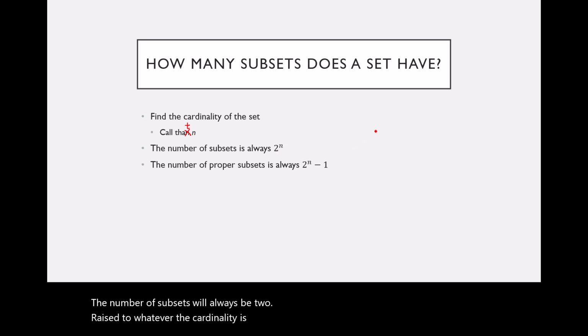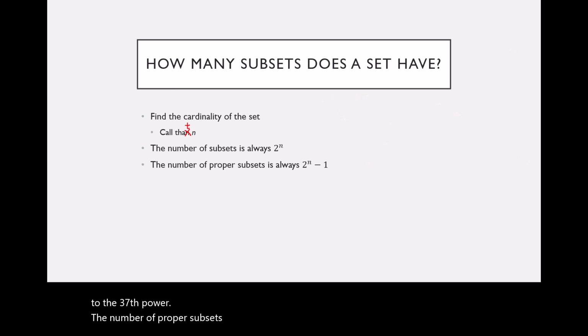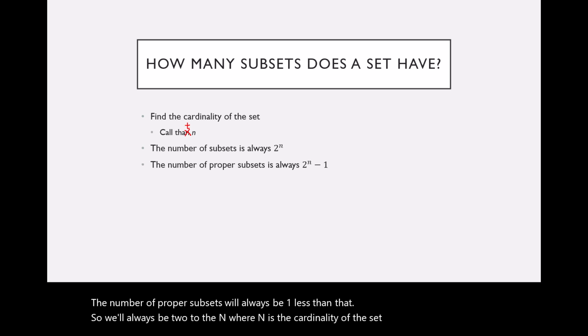So if the cardinality is 7, it would be 2 to the 7th power. If the cardinality is 2, it would be 2 squared. If the cardinality is 37, it would be 2 to the 37th power. The number of proper subsets will always be 1 less than that. So it will always be 2 to the n, where n is the cardinality of the set, minus 1.